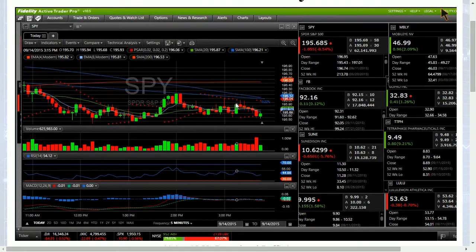Those are two different levels. Fiona's 196.17 was the 100 period moving average resistance, and now we're looking at the 20 period moving average resistance, which has flirted back and forth with resistance and support the past hour.